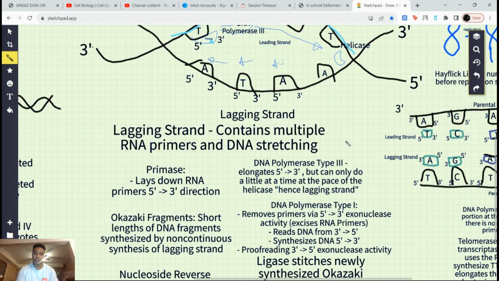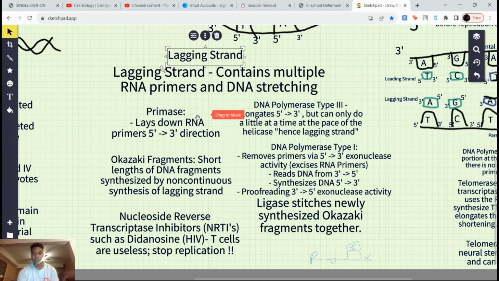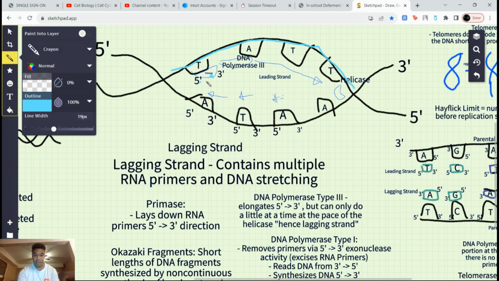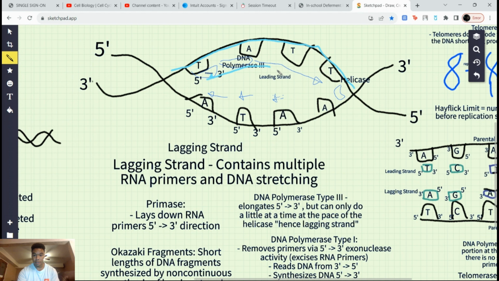Now this is the fun strand. If this newly synthesized nucleotide sequence is the leading strand, then the one going in the opposite direction is going to be the lagging strand.